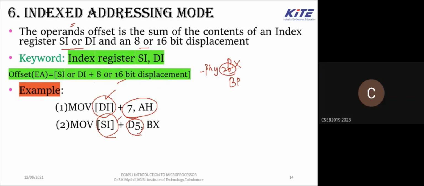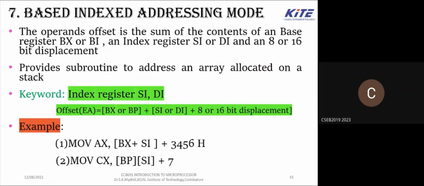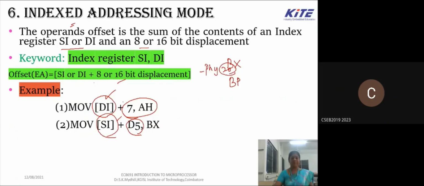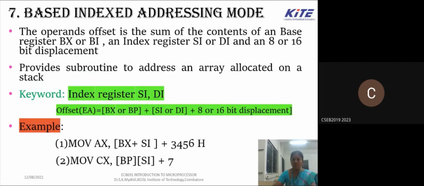For example, consider the second example, SI plus D5 comma DH. The program is written like this. Let me take another page. Sorry, I have moved. Let me find where I left the space.